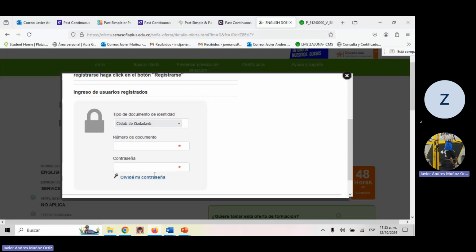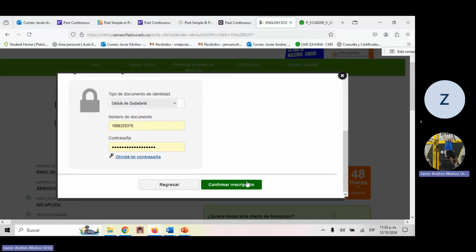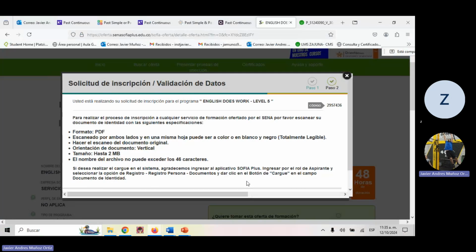Click next. Type your credentials, I mean your ID number and your password, and finally confirmar inscripción. That's all you need to do to enroll in English as a Work Level 5, and we are eager to continue working with you on the next level, starting on the 18th of this month.